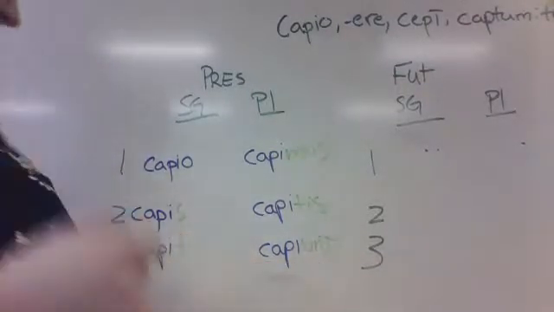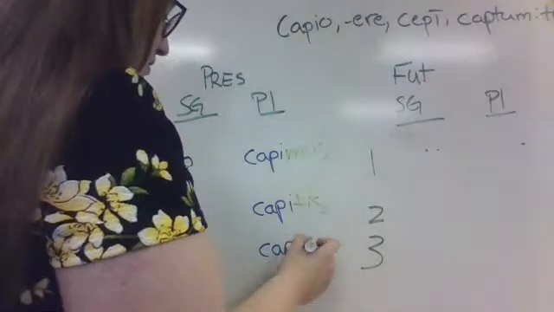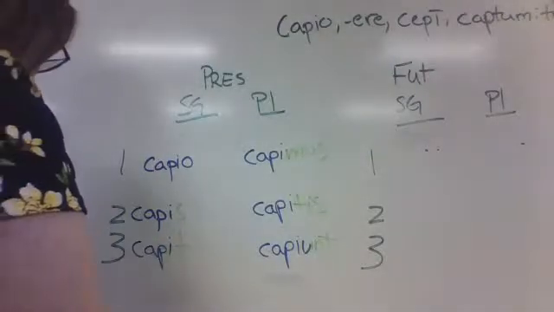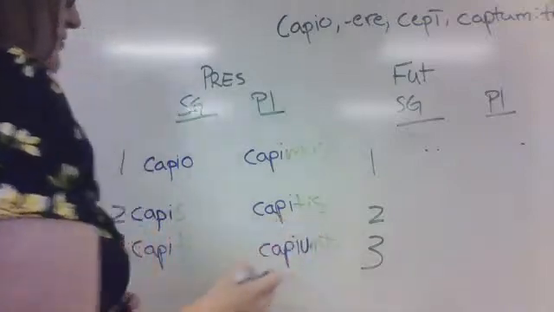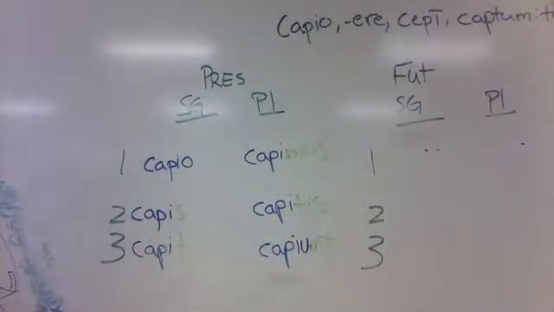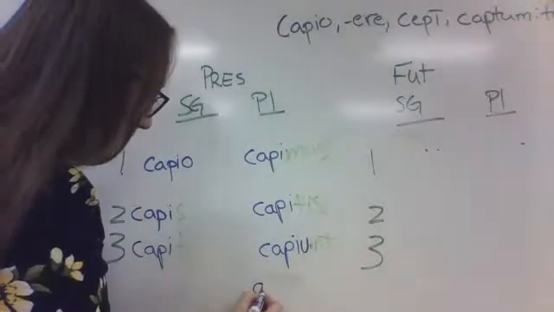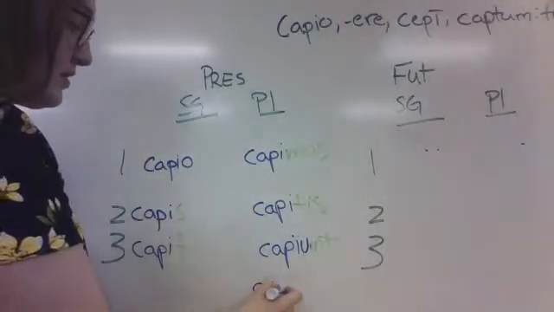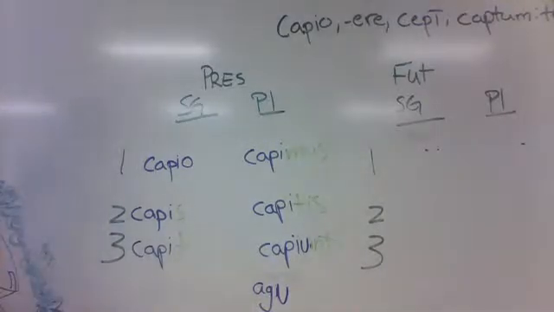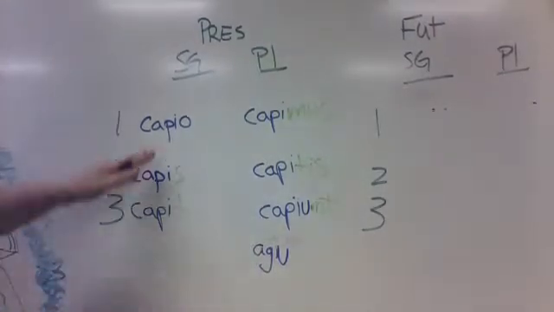Now notice that there is a U in the third person plural. So remember back to when we did third conjugation, let's say ago. We changed it to I for all of these, but it's going to be U for third person plural. That doesn't change, but we keep the I because it is an IO.